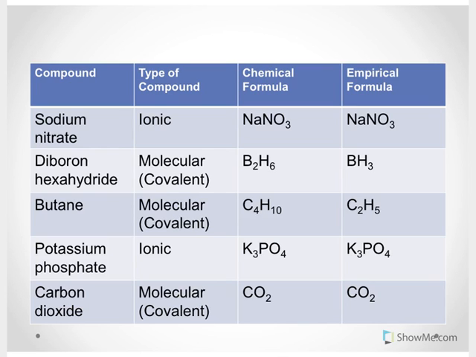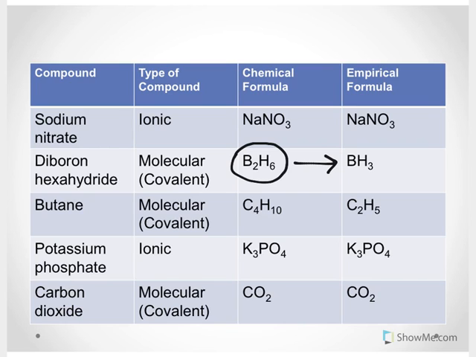Now, in the case of covalent compounds, like diboron hexahydride, the ratio of boron to hydrogen is 2:6. Well, 2:6 isn't the lowest possible ratio, so when we put that into an empirical formula, we reduce the ratio to its simplest whole number ratio. So its empirical formula does not look identical to its chemical formula.